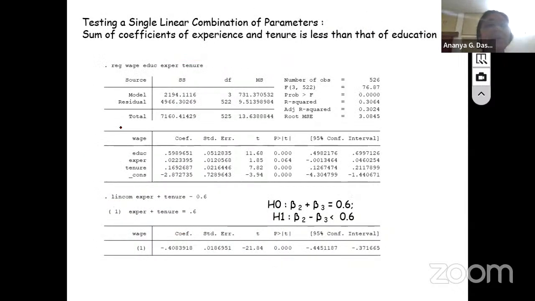Now, for the same model, I've tested this particular null that beta 2 plus beta 3 is less than 0.6. So here I'm interested in this particular alternate hypothesis, right? Again, this is the Stata command. Here I'm just saying that together the effect of experience and tenure is less than 0.6, right?